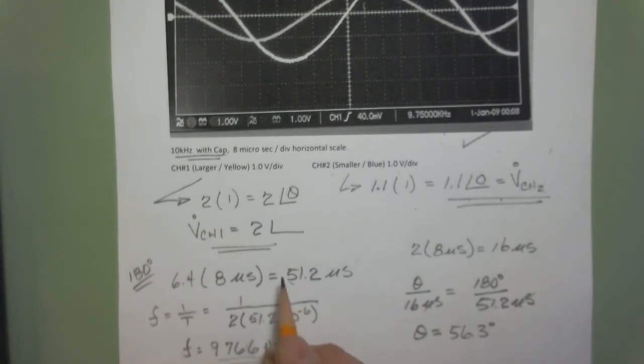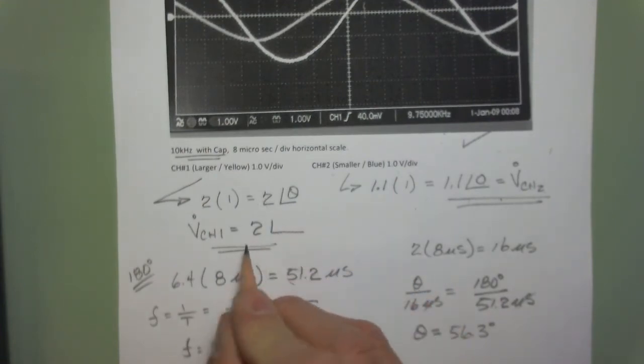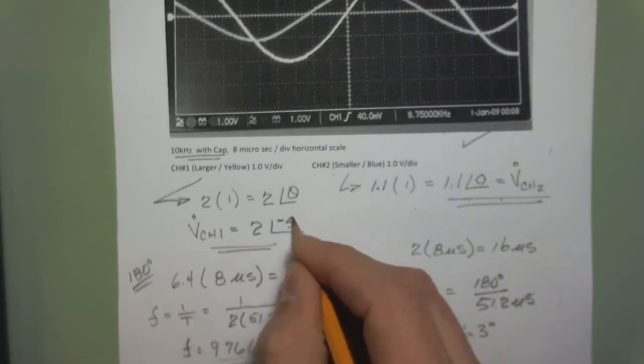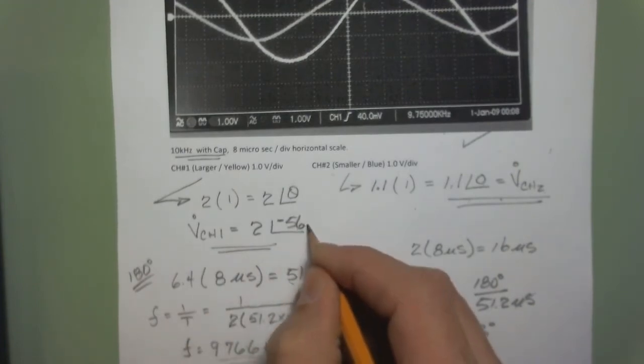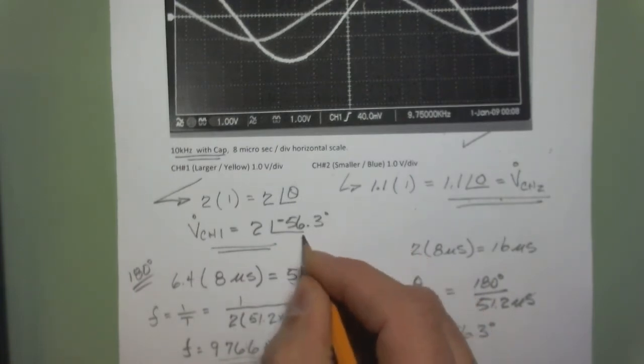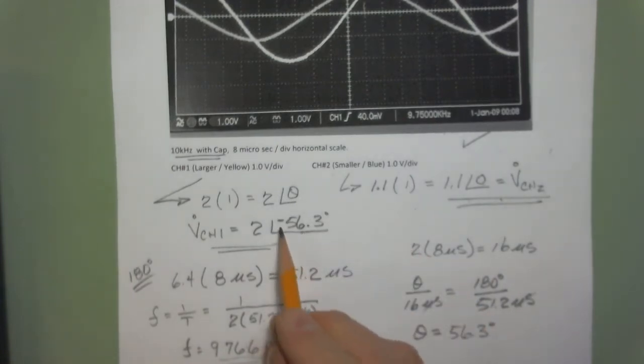So now I can bring that up here, and I'm going to say that it's minus 56.3 degrees. Okay, and the reason that's minus is because I know this is a capacitor, and we'll talk a little more about that as we go along.